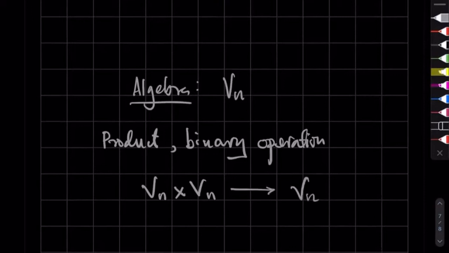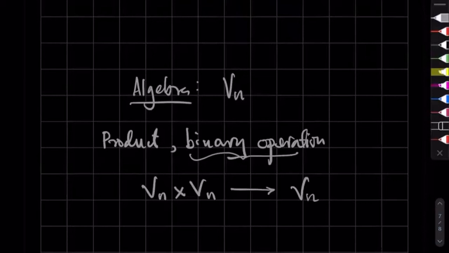That is what we call a binary operation. It's like the group multiplication, but you don't assume all those nice properties, and you're working with a vector space. So this is what an algebra is in a very rough sense: a vector space with a binary operation defined on it.